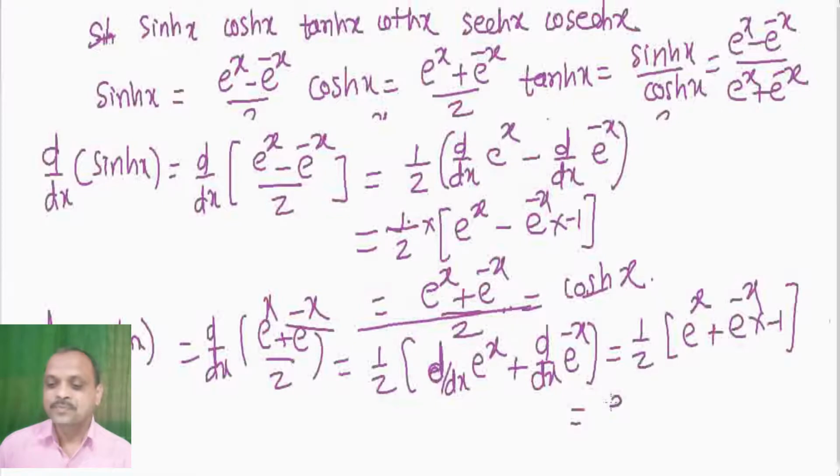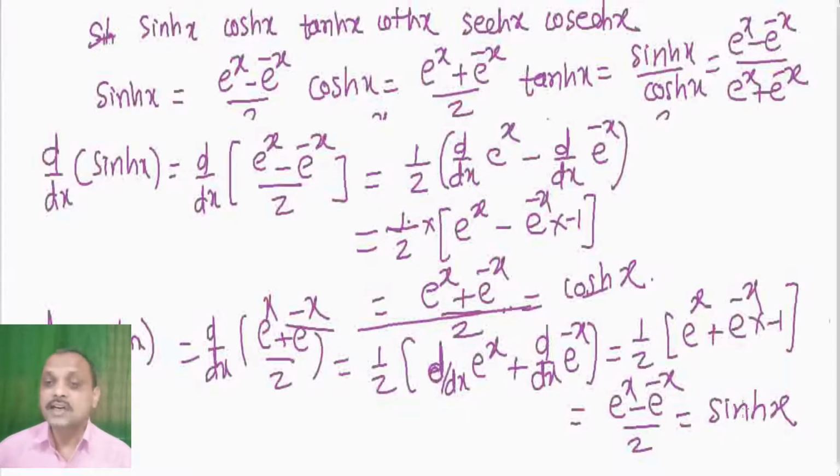So this is e raised to x minus e raised to minus x divided by 2, and this is nothing but sinh x. Okay, so friend, you know that derivative of cos theta equal to minus sin theta, but here you can see that derivative of cosh x equal to sinh x. So this is the slight difference between trigonometric functions and hyperbolic functions. Derivative of sinh x equal to cosh x and derivative of cosh x equal to sinh x.